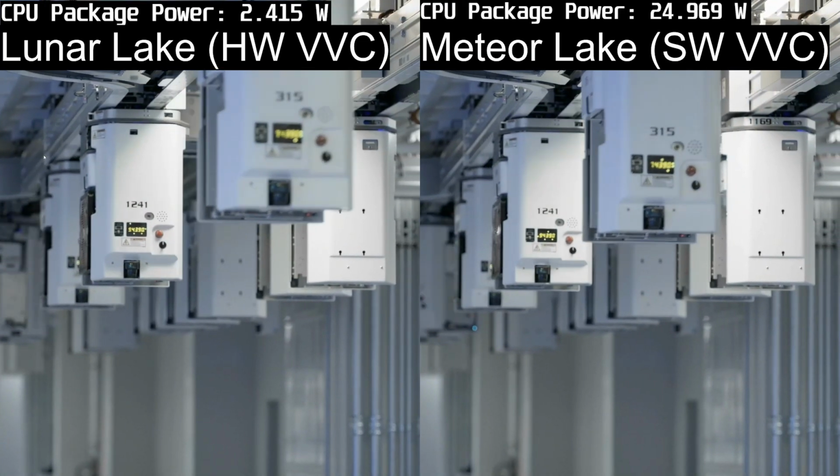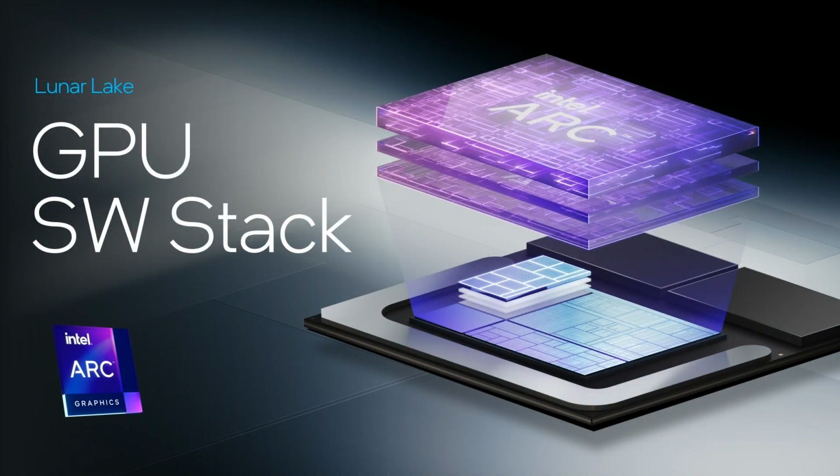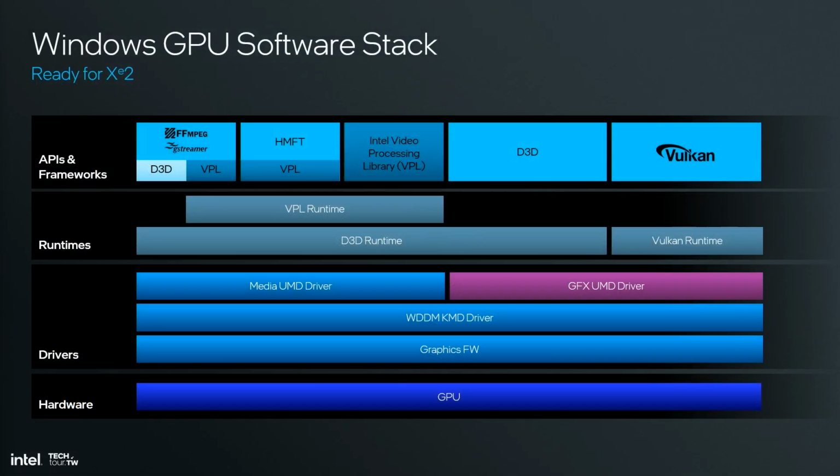All right, coming back. Back to slides, please. So obviously, it's not just about the hardware, although we do have some kick-ass hardware. You have to have a complete software stack. So in this case, we've been working on it, and it's complicated. On this side, we're talking about media with FFmpeg and GStreamer, VPL and D3D. That's like a media interface. HMFT and VPL are also Microsoft standard for media. Then you get into the VPL, which is an Intel standard for media.